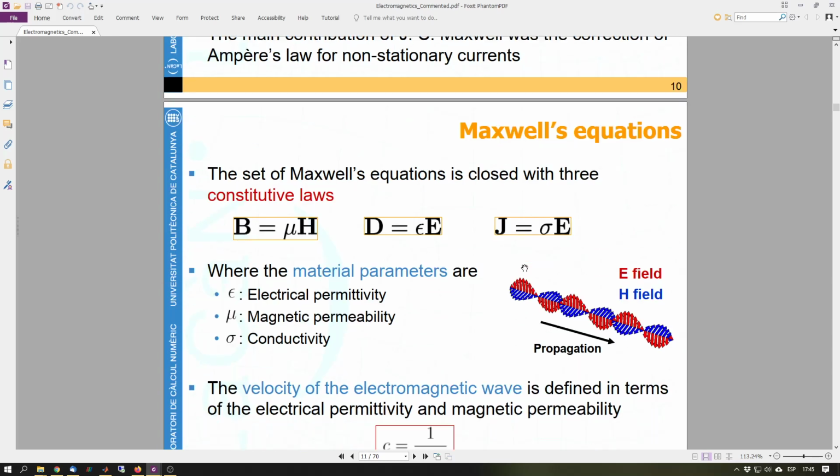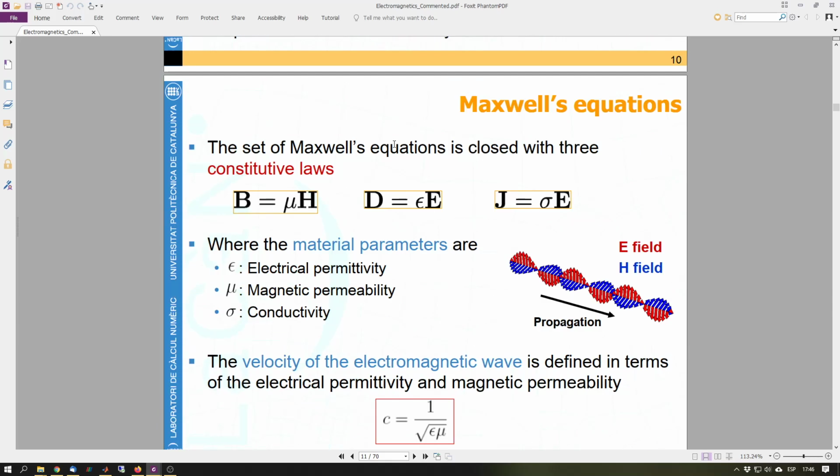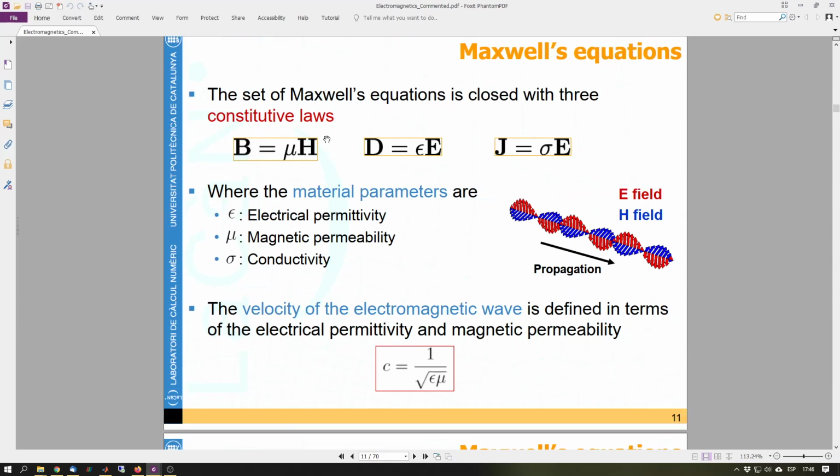So these equations are not yet closed because we have the flow and the fields, and there's a relation, as we had in the constitutive equations for fluids and solids, between the flow and the fields. In this case, this is given by the permeability for the magnetic case, between the flow and the field.